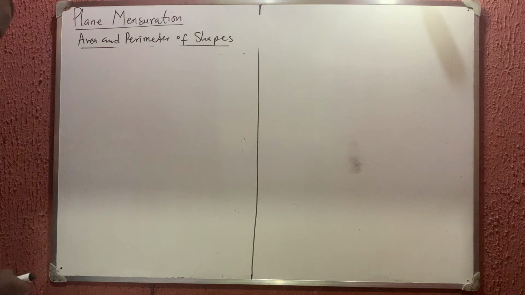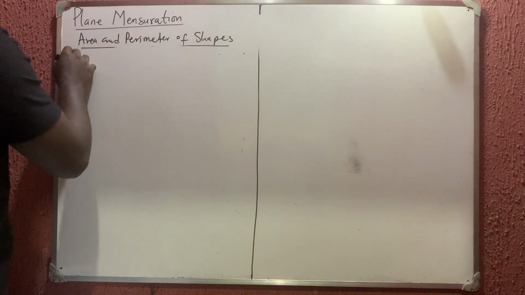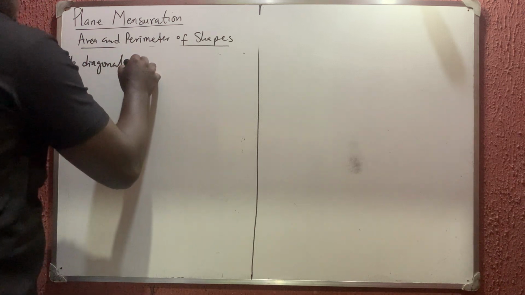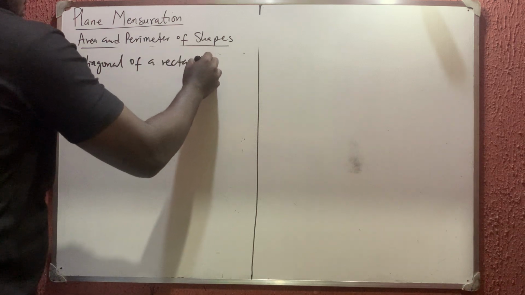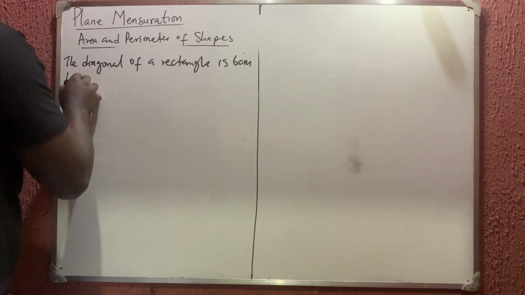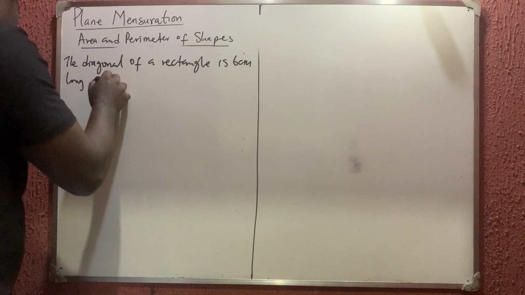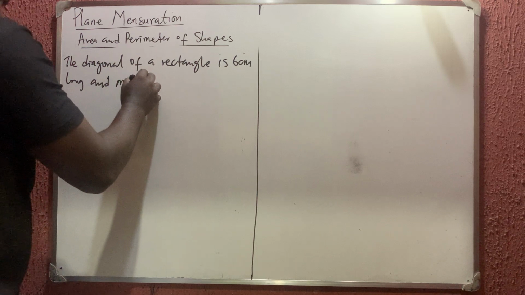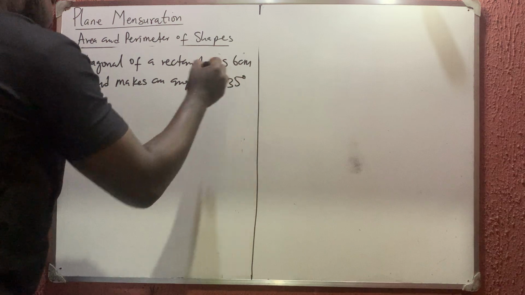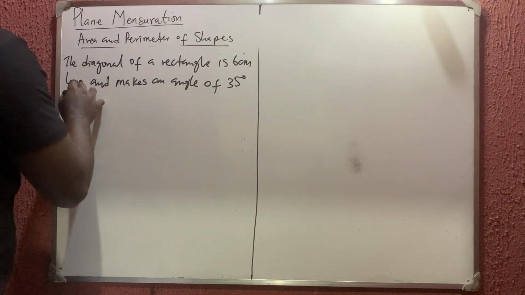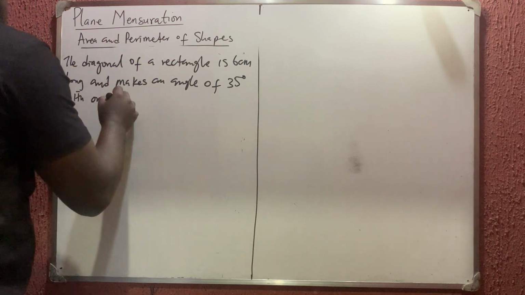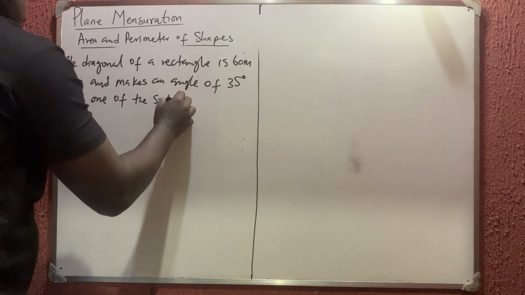Right, so the next question says the diagonal of a rectangle is 6 cm long and makes an angle of 35 degrees with one of the sides.